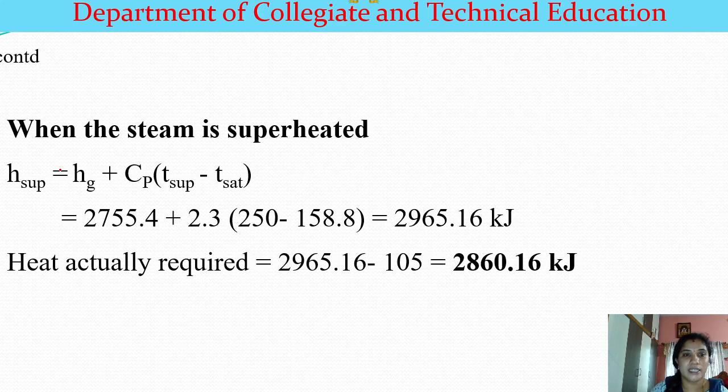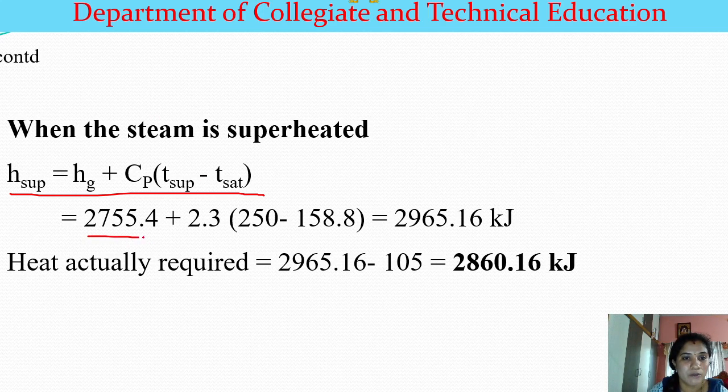So in the next condition, the third condition is when the steam is superheated. What will happen when the steam is superheated? You need to find out the amount of heat or quantity of heat required when the steam is in a superheated condition. For that, you have to recall the formula, that is H superheated is given by Hg plus Cp into T superheated minus T saturated.